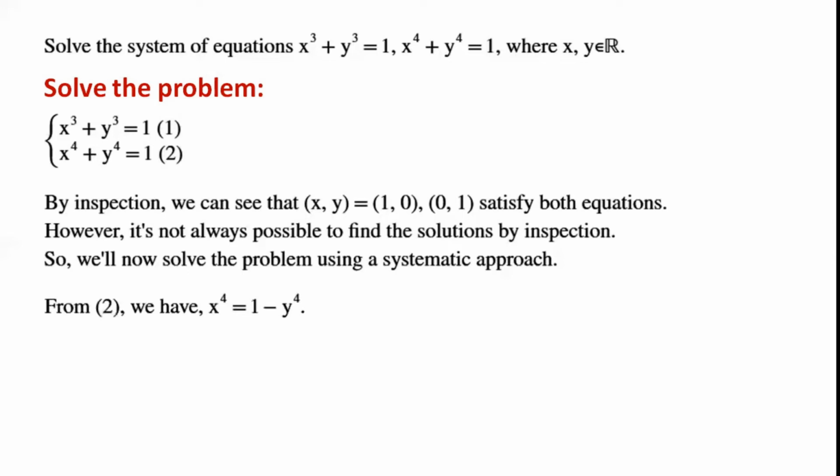From equation 2, we have x to the power of 4 equals 1 minus y to the power of 4. Because y to the power of 4 is greater than or equal to 0, x to the power of 4 is less than or equal to 1.